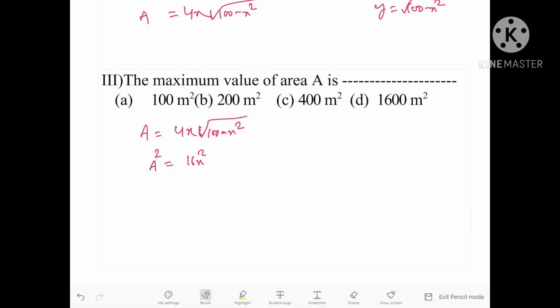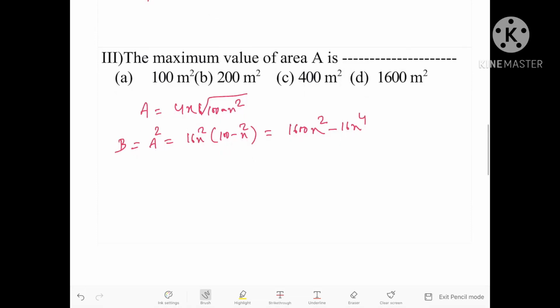It will be 16x square into 100 minus x square, means 1600x square minus 16x to the power 4. Let it be B. So the point where A will be maximum means the point where B will be maximum. So B dash is equal to 3200x minus 64x cube.